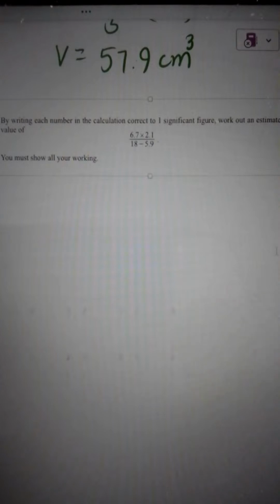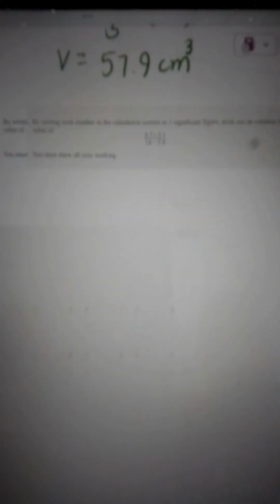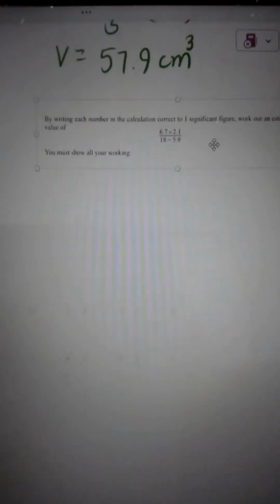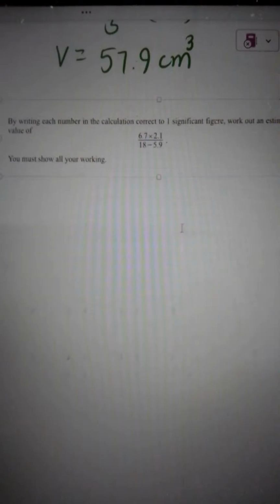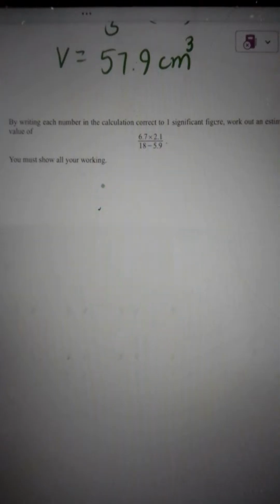You can see that this is another question. This question states that by writing each number in the calculation correct to one significant figure, work out an estimated value of this expression where numbers are written, some decimal numbers you can see are written together with a whole number also, decimals, whole numbers getting multiplied, subtracted, divided.